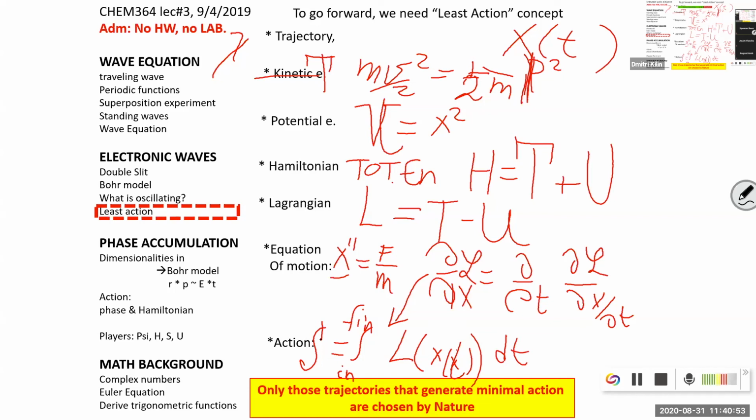The more motion the system makes, the higher the value of this action. And this action depends on the initial time and final time, the initial point of the trajectory, and the final point of the trajectory. So if we look at a short interval, action will be small. If we look as long as we go through motion along the trajectory, action will grow, grow, grow. If something moves quickly, it will grow quicker.